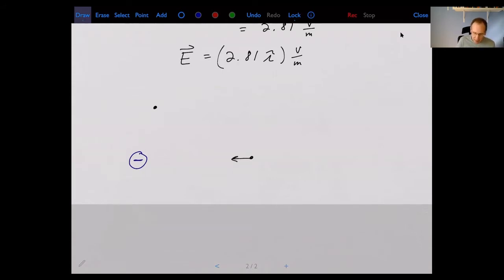It'll be radially inward. In this case, I'm closer here, so it'll be a larger magnitude, something like this. So it's going to be radially inward towards that negative charge. Okay, but the magnitude is exactly the same. It's K times absolute value Q divided by R squared.